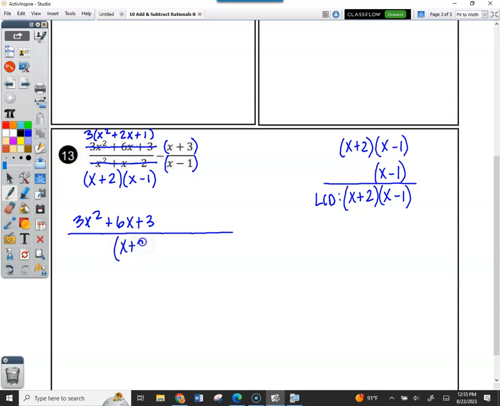Bottom, the goal was x plus 2, x minus 1. Read it carefully, watch. Now what did this one need? X plus 2. Try to change colors. This fraction needed x plus 2. We don't have it yet.